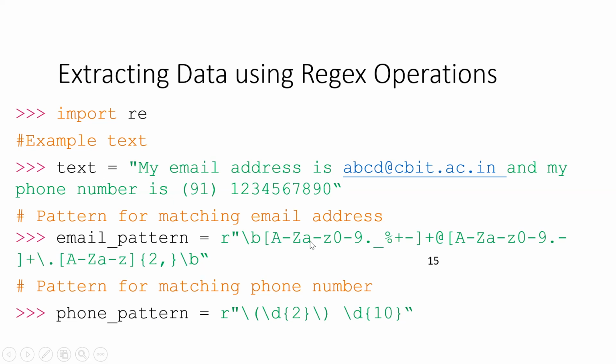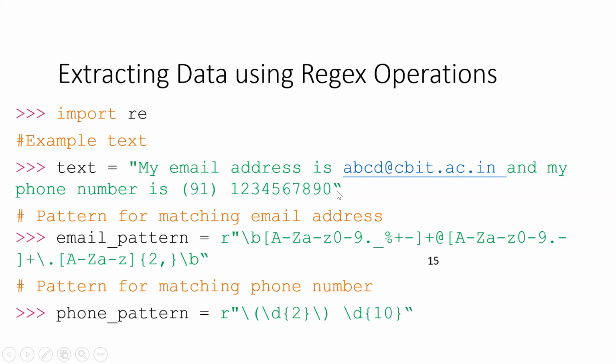Fine, so this is the pattern for matching the email address, and this is the pattern for matching the phone number. You give r, and since we have the STD code here, which is digits, you mention \d and exactly 2 digits, so we write 2 in the curly brackets.